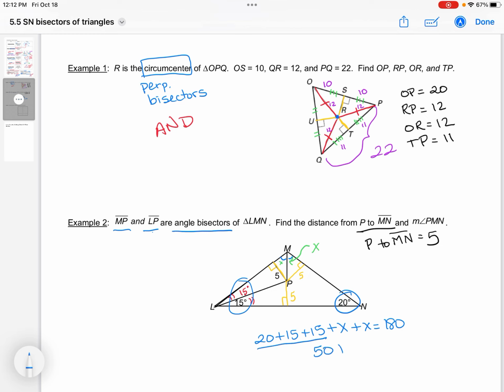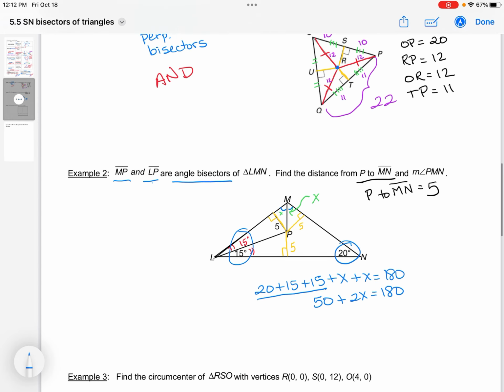So these 3 make 50 plus 2X equals 180. Subtract 50 from both sides. 2X equals 130. X equals 65.